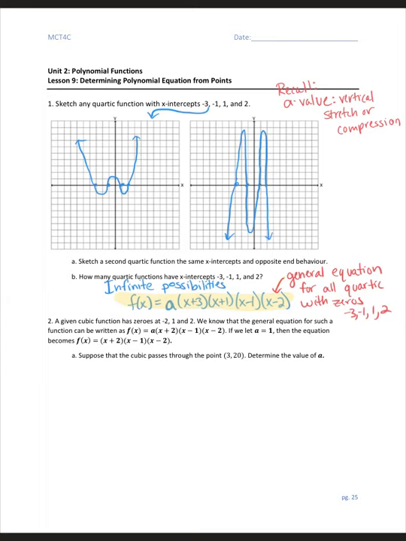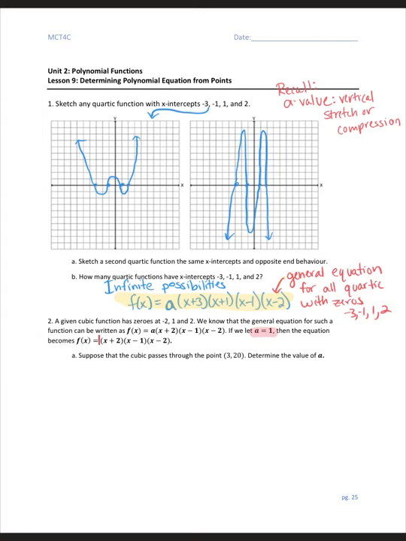If we say that a equals 1, then the equation becomes f of x equals, and we list our zeros, but we could put the a value in the front if we wanted to. Remember that a 1 is implied, so we don't have to write it, but if we wanted to represent that a, we could say f of x is equal to 1 times x plus 2, x minus 1, x minus 2.